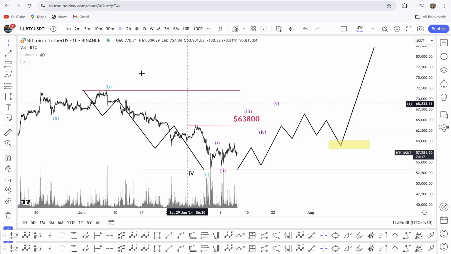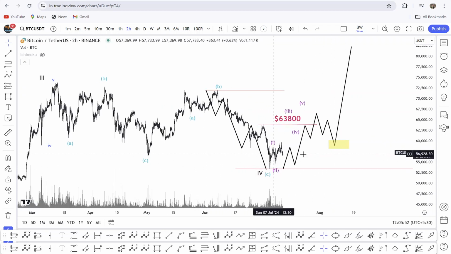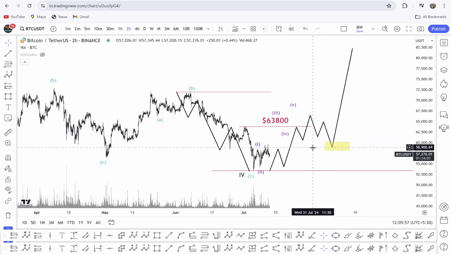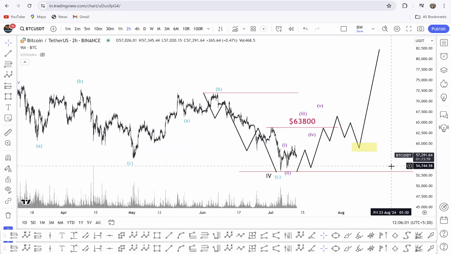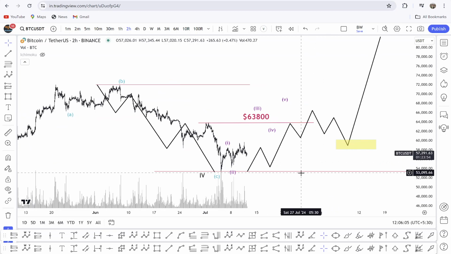So this is my view, and see, this is the 5 wave rally, correction, and it goes up. So this is how I label the waves.